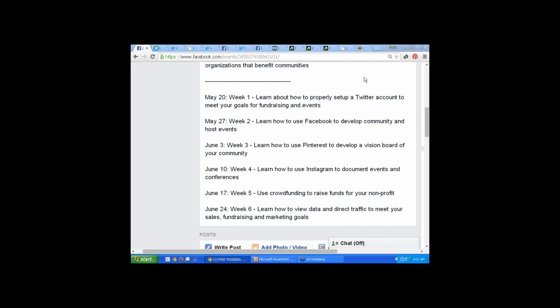Week 5, we're going to focus on crowdfunding. And crowdfunding is a whole topic. There are now tons of organizations that specialize in crowdfunding. We'll talk about those. There are portals around crowdfunding, and there are trends to follow.